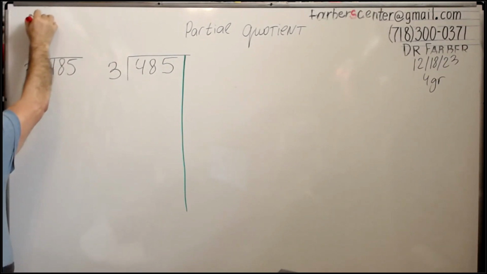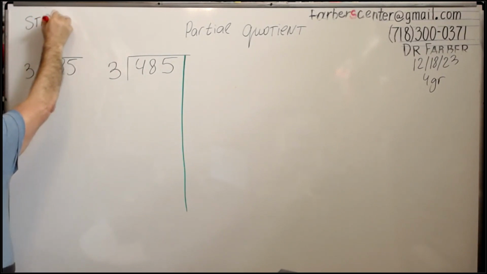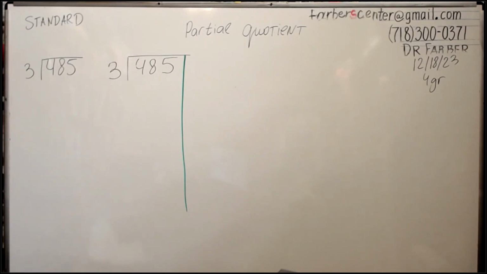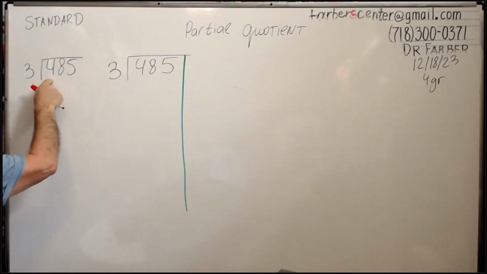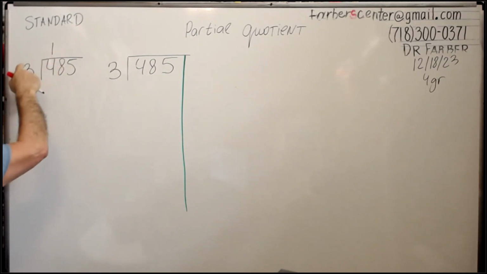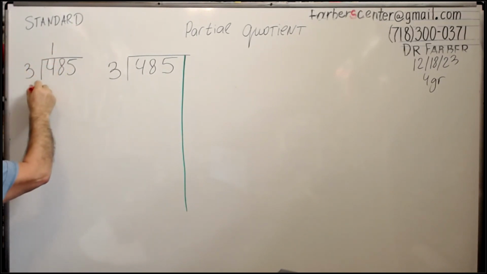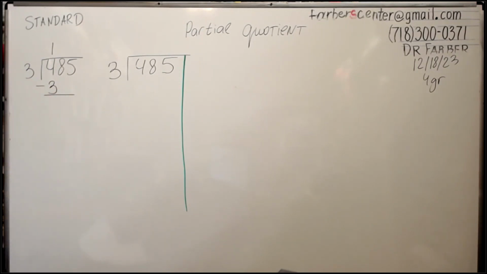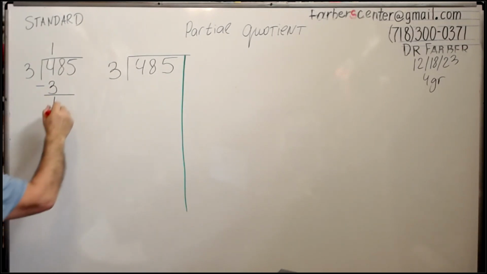This is standard, like we did, standard division. 3 goes into 4 one time. 1 times 3 is 3. I do it very slowly. 4 minus 3 is 1. Bring down 8.